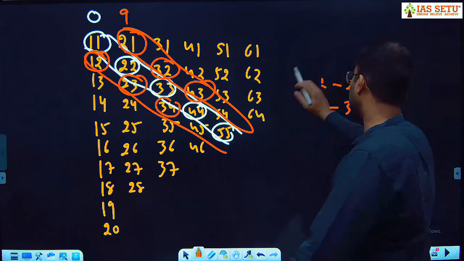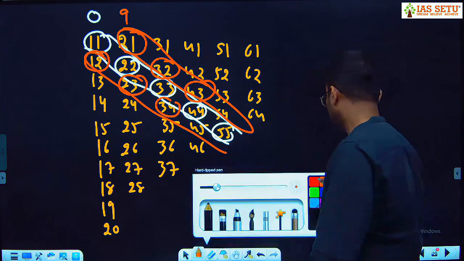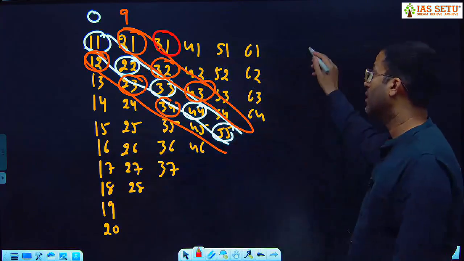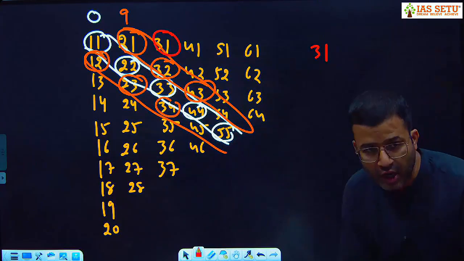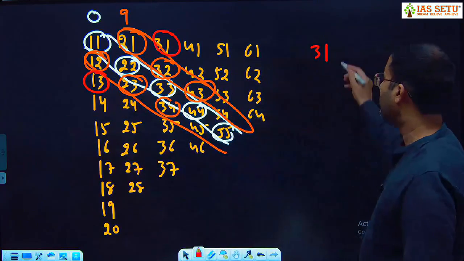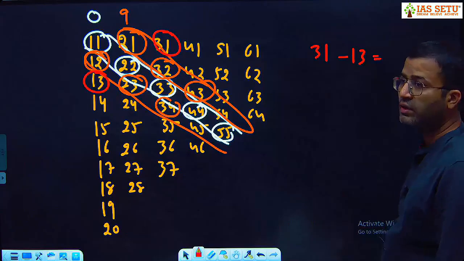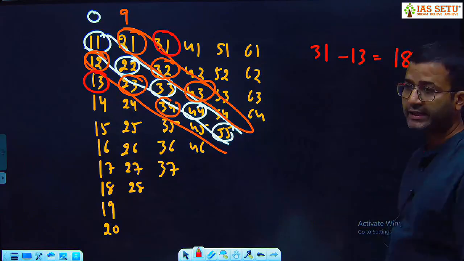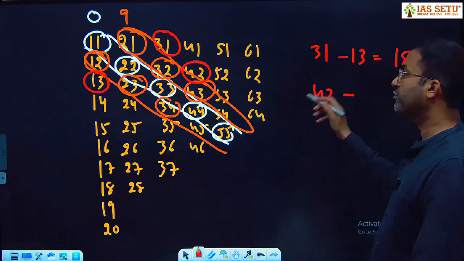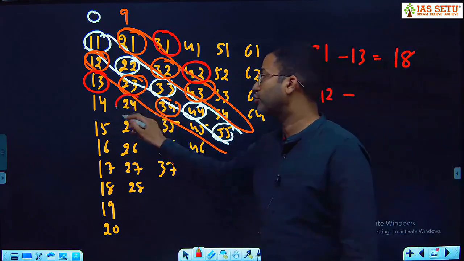Next, you take this 31. When you reverse the order of 31, what do you get? 13. And when you subtract it from the original number, what is your difference coming? 18. Here this is 42. When you reverse the digits of 42, what do you get? 24.